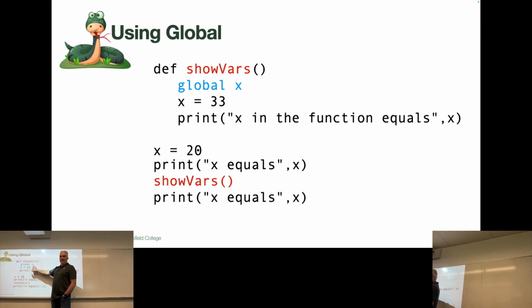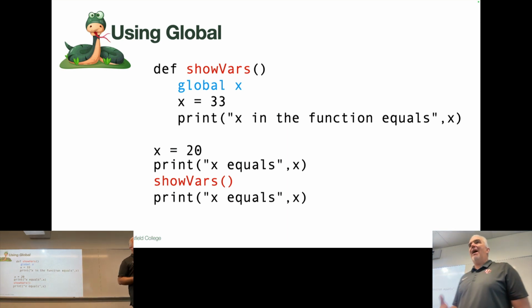I will caution you that 99.9% of the time, you should never use global. If I start seeing global show up in every one of your functions from now on, I will call you on it, because that's a really bad practice.